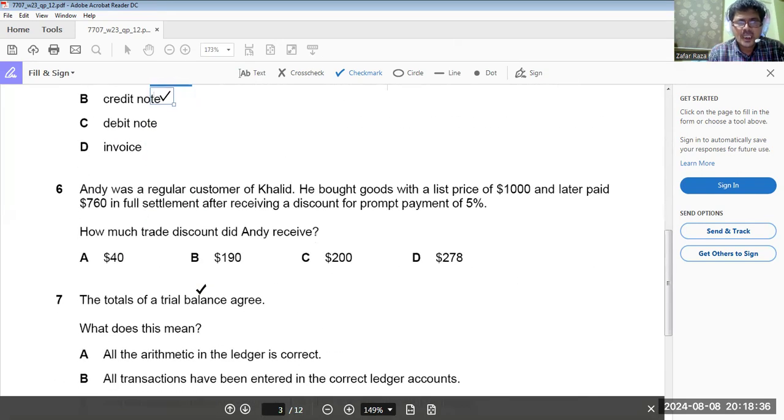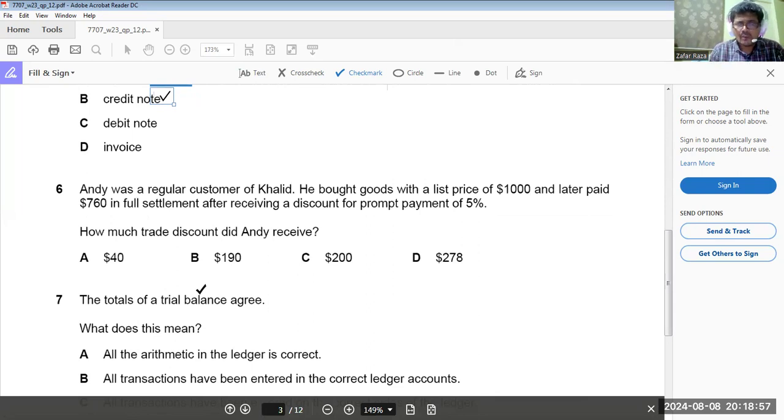Okay. Andy was a regular customer of Khalid. He bought goods with a list price of 1,000 and later paid 760 in full settlement after receiving a discount for prompt payment of 5%. It means 5% is a cash discount, and after availing the cash discount, he has paid $760.